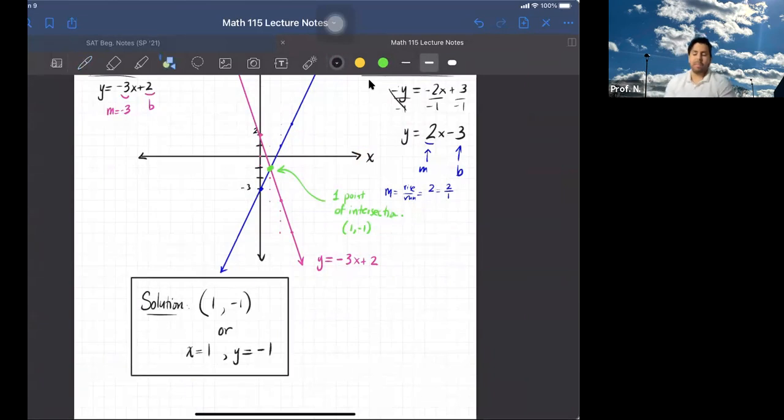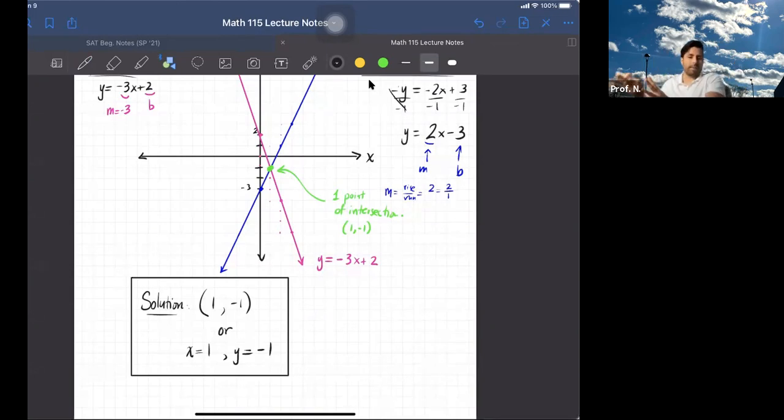I did it. Now, I want to ask you, what does it mean to solve a system? It's more than just finding where they intersect. That's part of it. That's one half of it, I would say. So half of the whole point of solving is to find the point where they intersect.